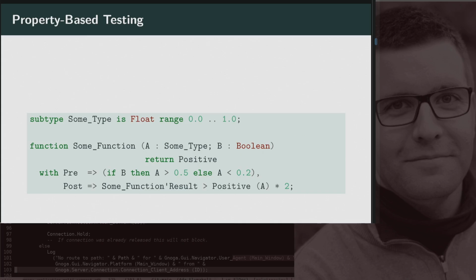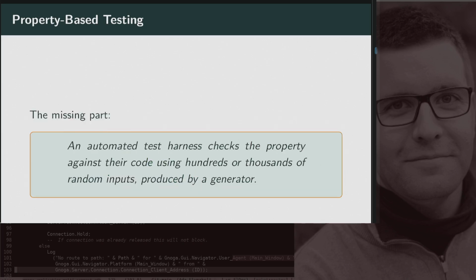So you can say that Ada is already extremely compatible with property-based testing. We are 90% there, but we are still missing the second part, which is automated generation of random inputs to the properties.